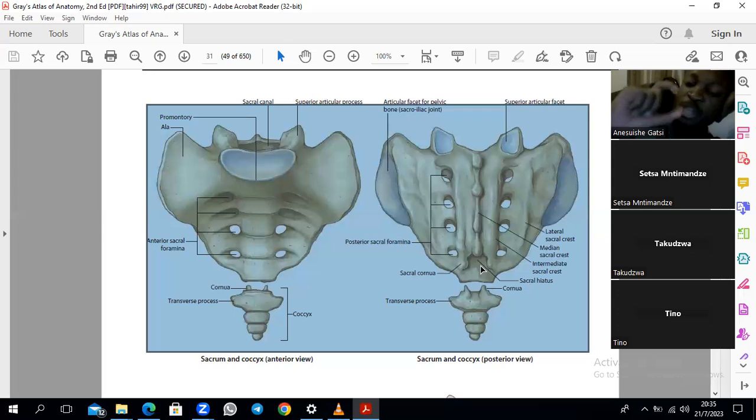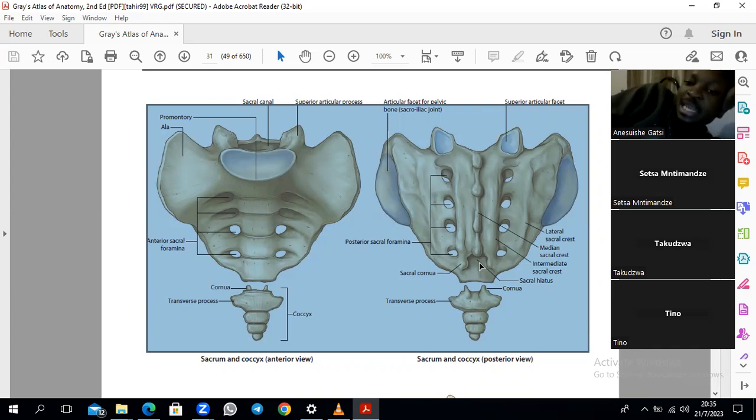So remember, for a spine to form, the two laminae should meet posteriorly. But in some instances, the two laminae of S5 fail to fuse and they leave an opening there, which we call the sacral hiatus.